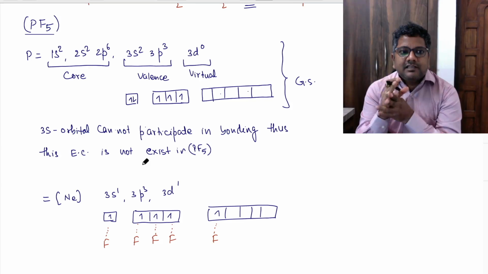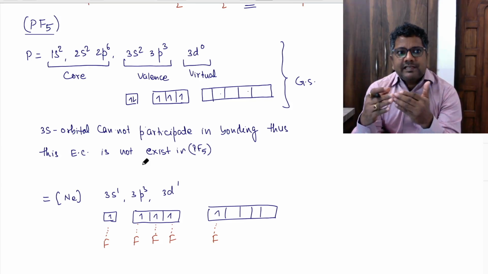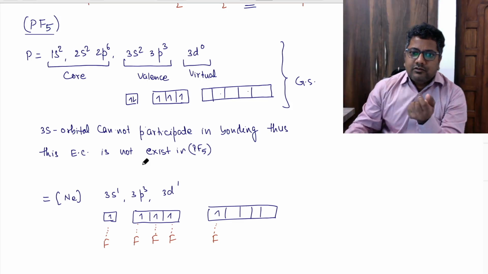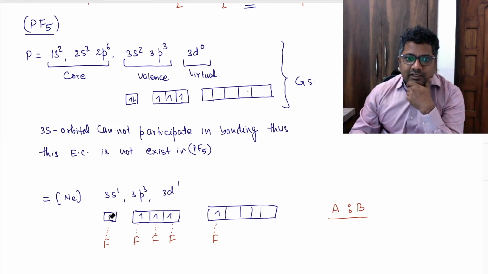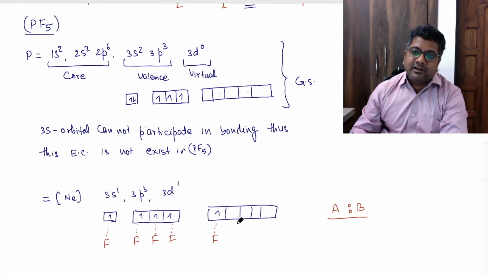So this is the maximum covalency of phosphorus. Now, can phosphorus expand its octet beyond this? The answer is no, because you know in covalent bonding, both the atoms should participate with one electron. So in the orbital, if one electron is there, now more than this it cannot expand. So the maximum covalency of phosphorus is 5.